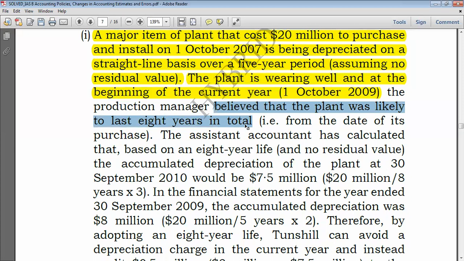You have to listen. You have been told 8 years in total. By being told 8 years in total, it's like even if the asset had not been used even once, we would have said it had a useful life of 8 years instead of 5 years. So you have to be very careful here. You have to distinguish these two terms. Let me write it here for you. You have to be very careful about this.